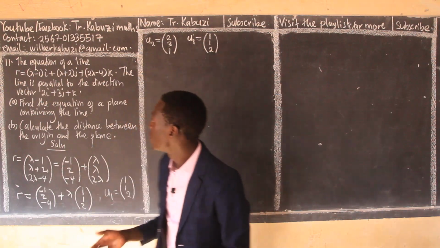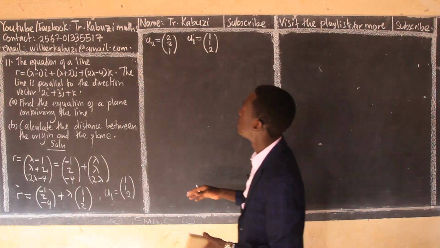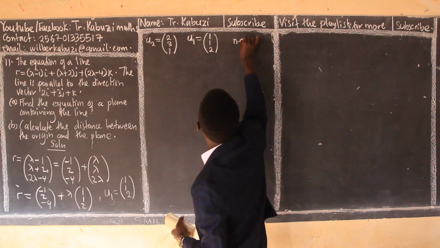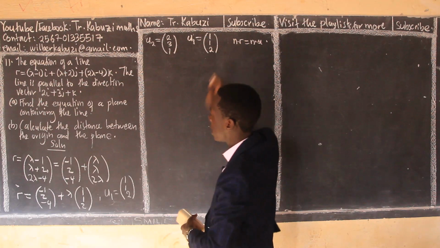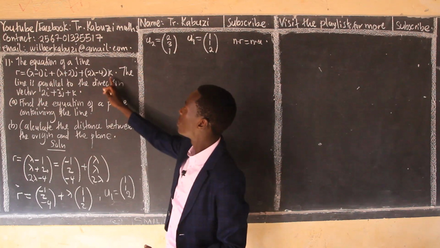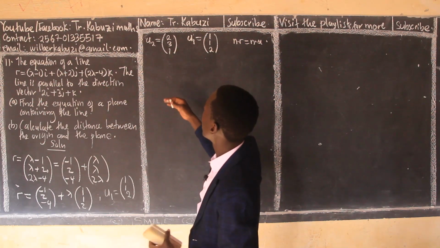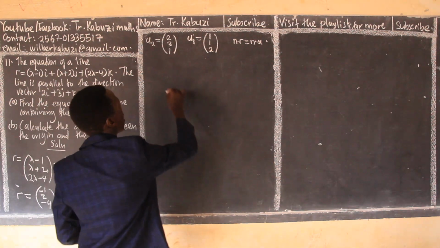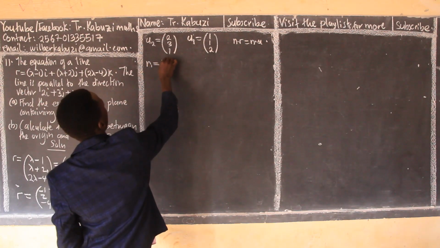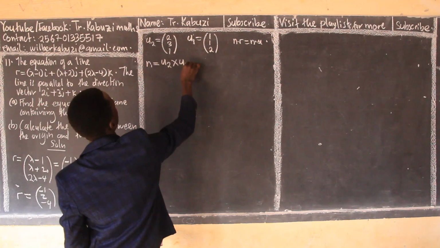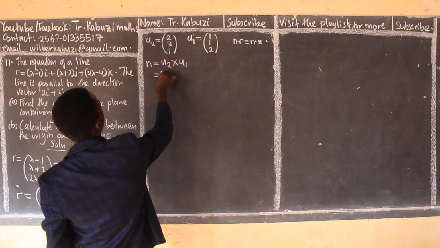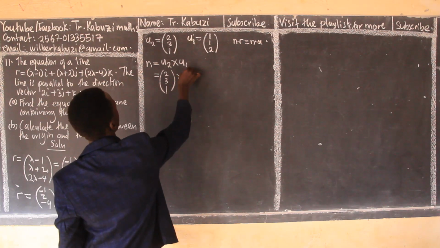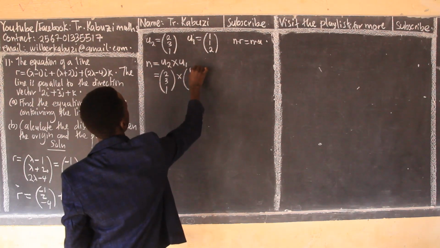Anyway, I have to consider what the question said, because the question says they are parallel. So if I take them to be parallel, like the question says, and I need the equation of the plane using n dot r equals n dot a, the plane contains this line, so to get the normal, I will cross these two parallel vectors.